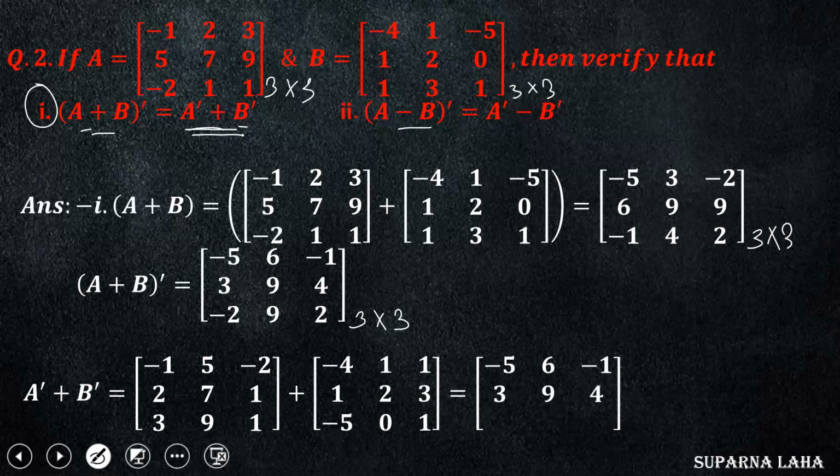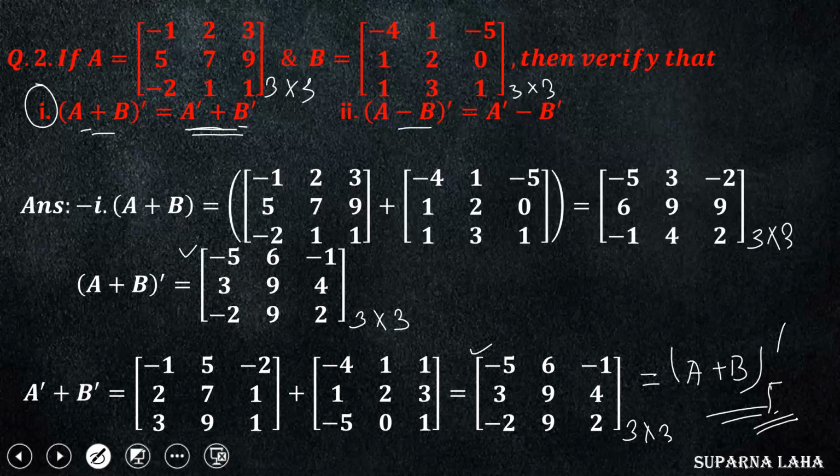Adding the corresponding elements you will find -5, 6, -1, 3, 9, 4, -2, 9, 2. This is also a 3 by 3 matrix. Now look at that. This matrix and this matrix are same. That is, I can write this matrix is (A plus B) transpose. So we proved it, or verified it.